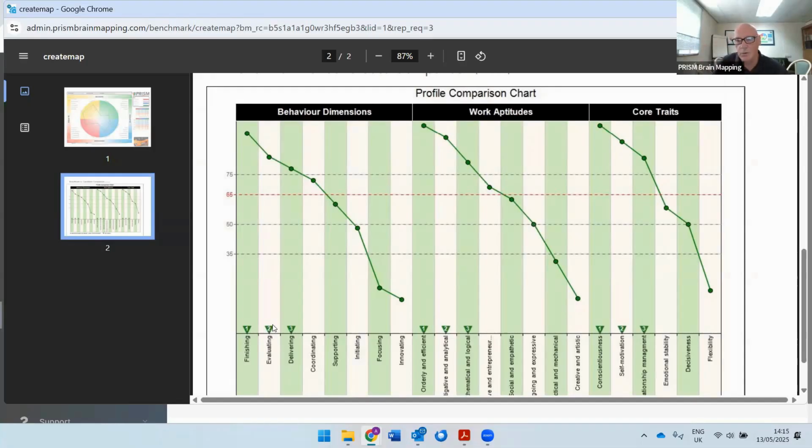And this is in descending order from those high preferences to the low. So finishing, evaluating and delivering, top three. Orderly, investigative, mathematical and logical, top three for work aptitudes, and core traits, top three here. So you can see exactly what it looks like. So a really simple process. First of all, understand the role, complete the job benchmark, key it into the system, and then you can look and see what it actually looks like.